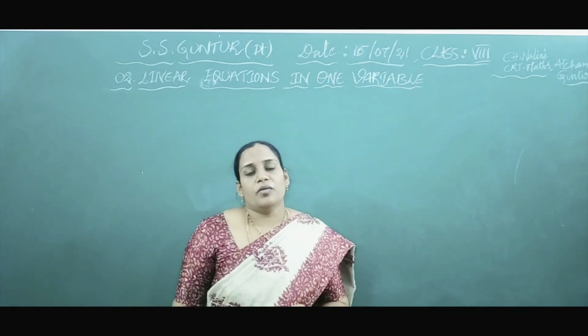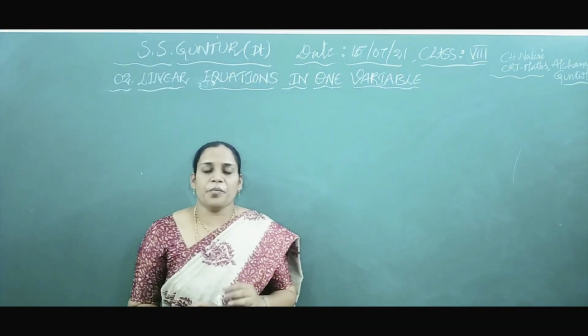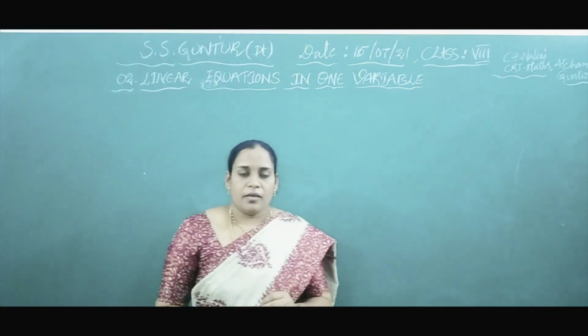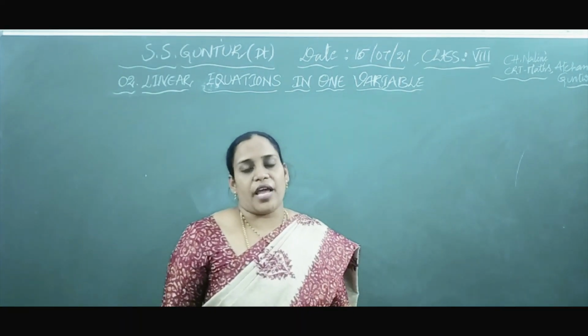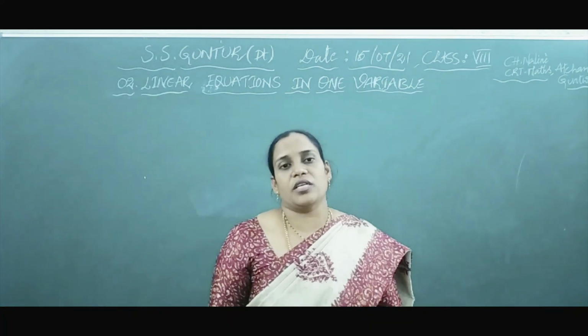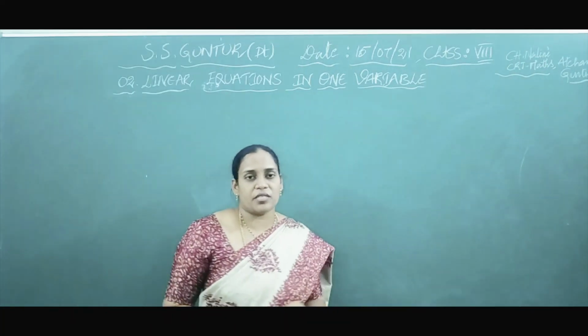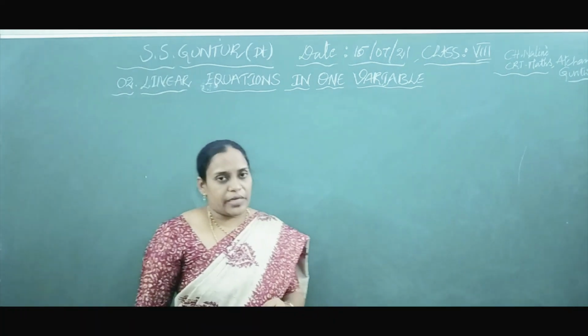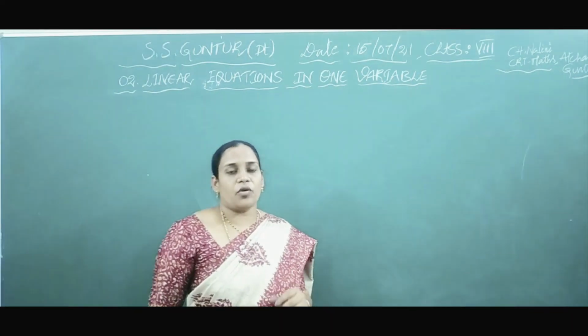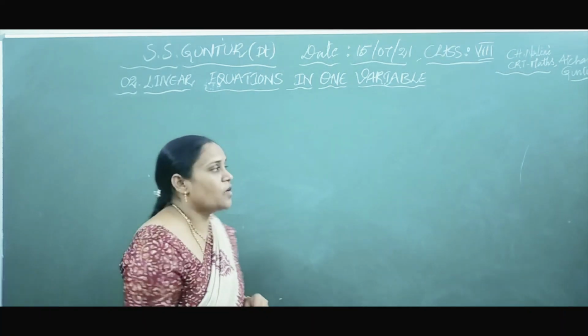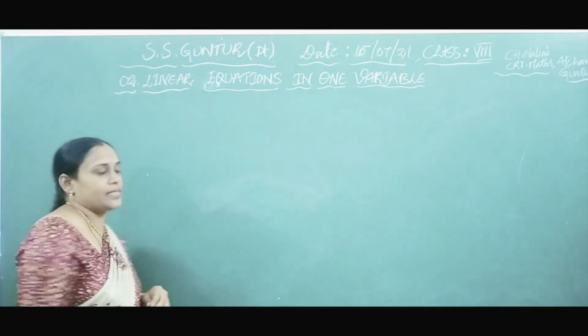Now, we have to know some properties of triangles, and we can use some of them in this exercise. Observe clearly and concentrate on what I am saying. Now, see the properties of triangles.